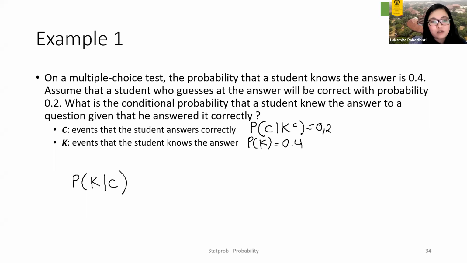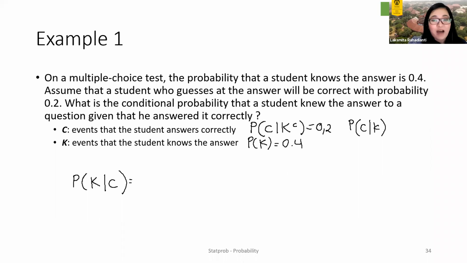If we look back to our Bayesian theorem, I'm trying to compute K given C. Here, I know C given K complement. So if I want to compute K given C, I need to know the conditions the other way around, the posterior probabilities. I must know the probability of C given K, the probability of a student answering correctly given he knows the answer.